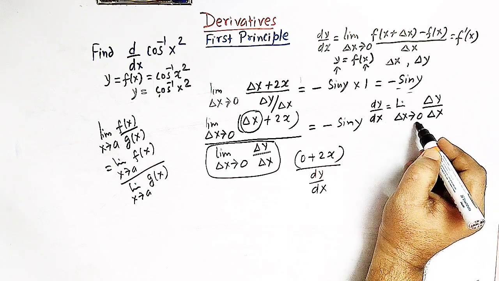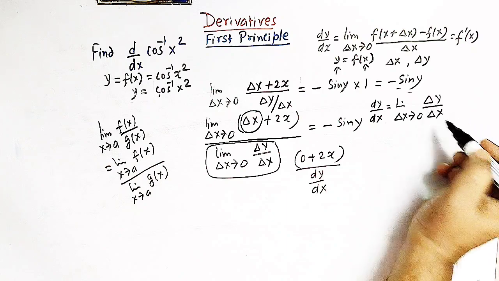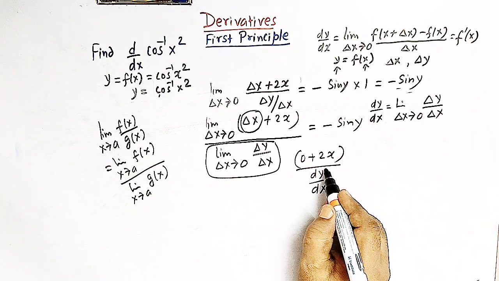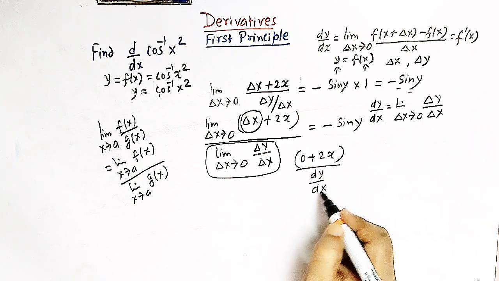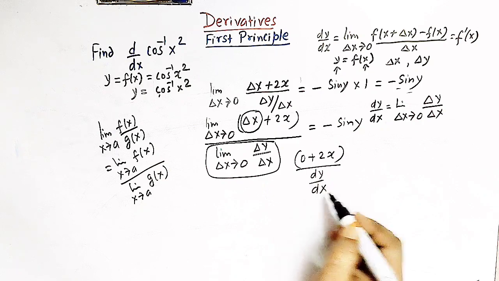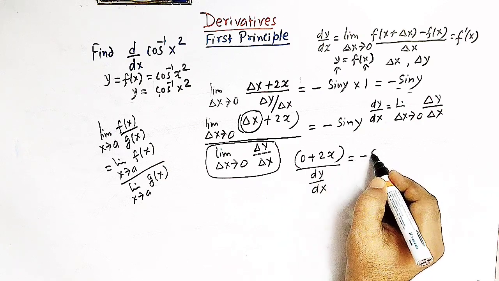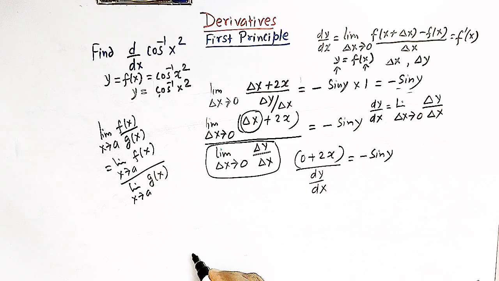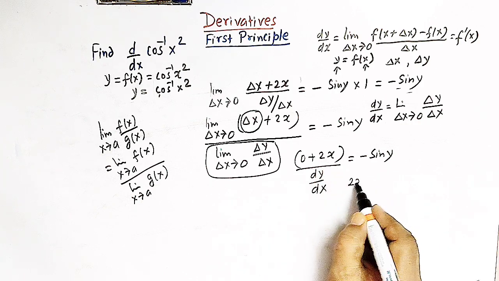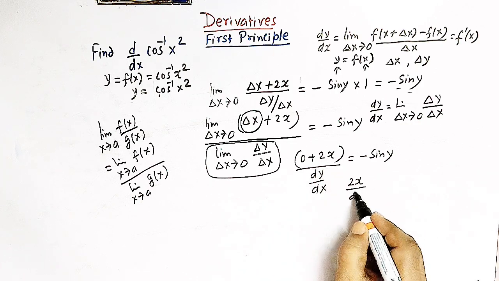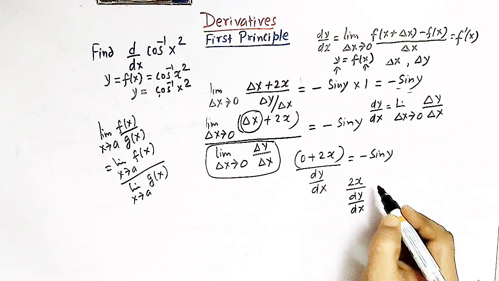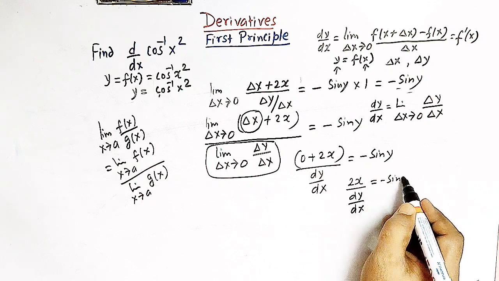So limit delta x tends to 0, delta y over delta x is given by the notation, that is the derivative dy over dx, and here we have minus sine of y, right? So here we have 2x, and in the denominator dy over dx, and this is minus sine y.